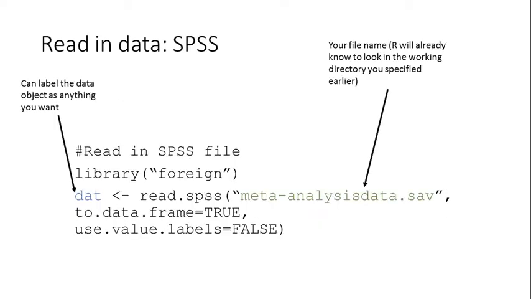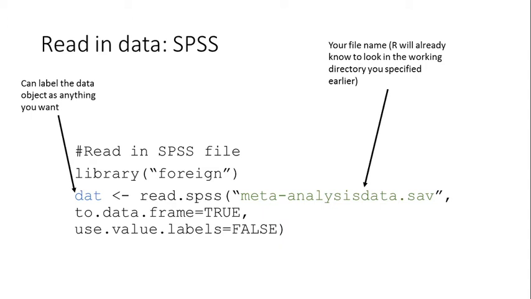So when you read data into R, you need to label it as something. So this is the DAT thing here. I've called my data DAT. You can call it anything you want. And this is the file that I've previously produced and saved.